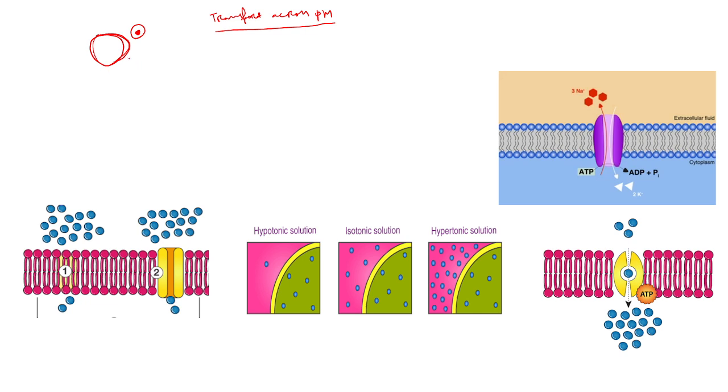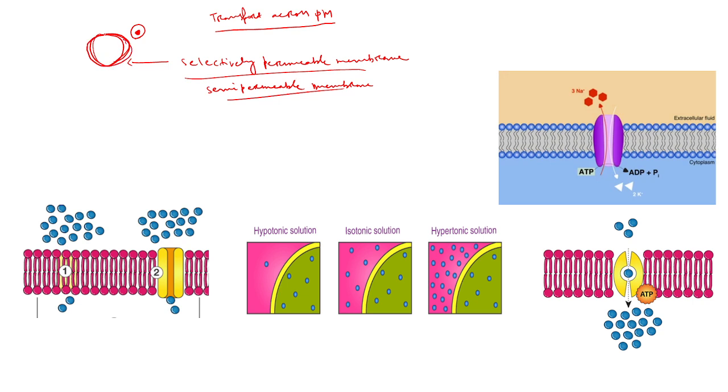So that's why the plasma membrane is also called the selectively permeable membrane, or the semi-permeable membrane. That means the plasma membrane structure doesn't allow all the molecules; it selectively allows some molecules. That's why it is called the selectively permeable membrane or the semi-permeable membrane.